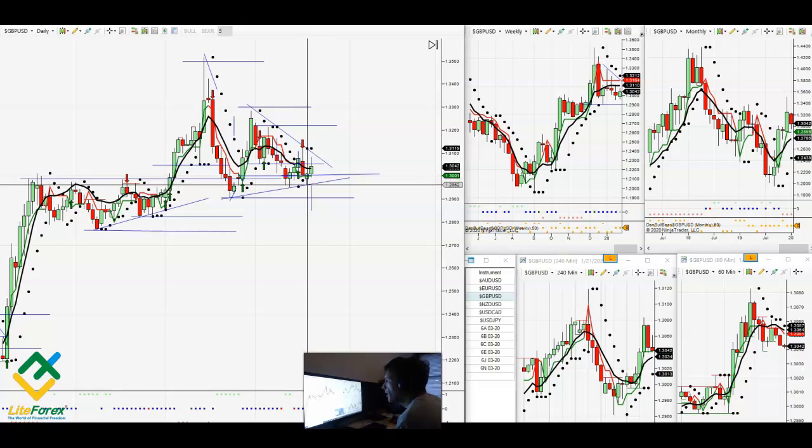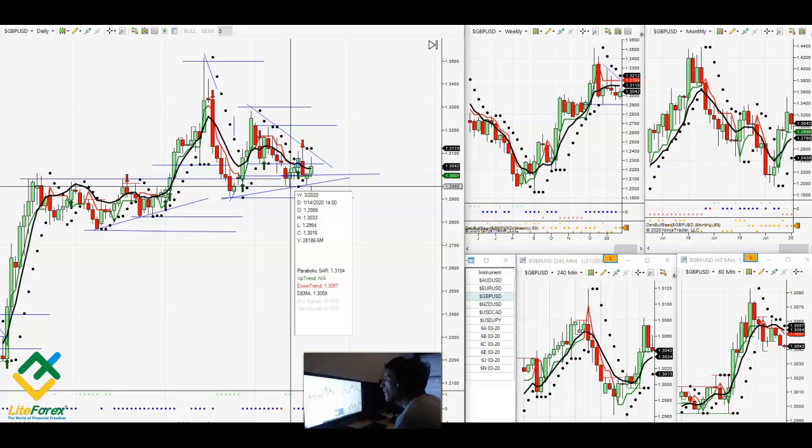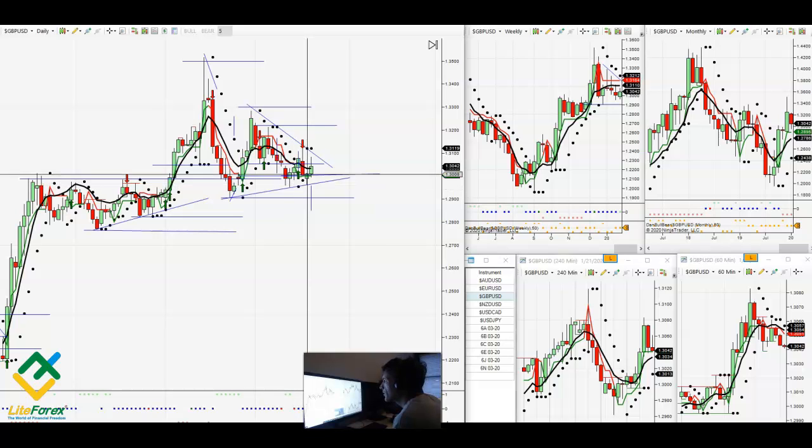So price did come down, but then it held the low put on the 14th, which was 1.2954, hitting 2962 and then pulling up. It's also matching up perfectly with this trend line I drew in last day, holding that price. Actually, I drew this in the previous video when I was expecting this bounce.